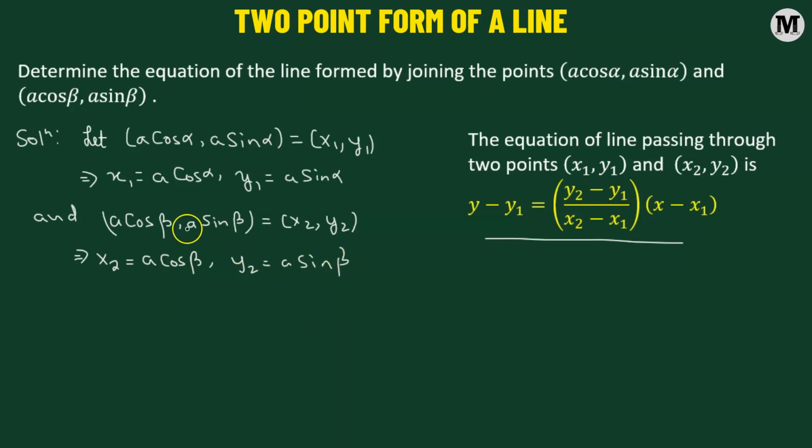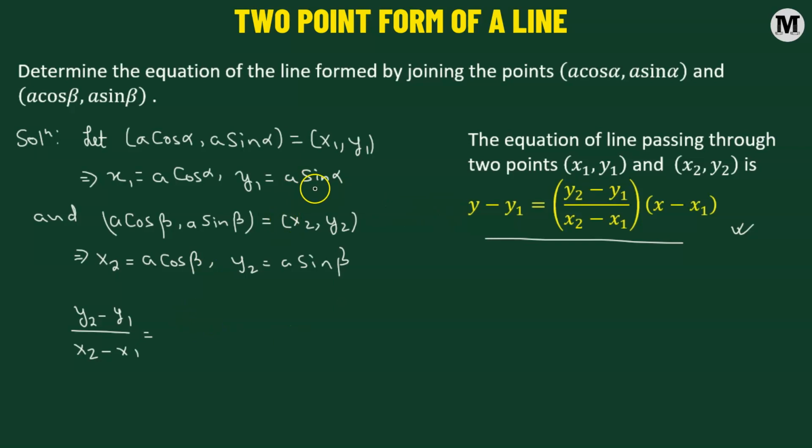So we'll substitute the values x1, y1, x2, y2 into this 2-point form of a line to get the equation of the line. Now, before beginning, let's compute the value of y2 minus y1 divided by x2 minus x1, which is also the slope of the line formed by joining the 2 points.